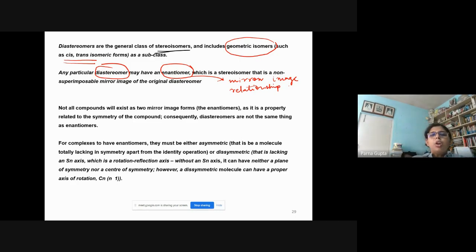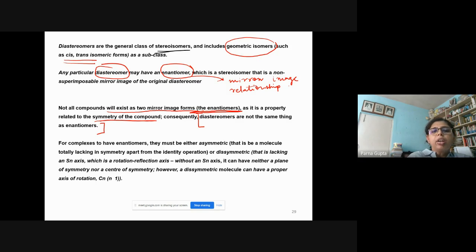Not all compounds will exist as two mirror image forms, or enantiomers, as this is a property related to symmetry. You will know the symmetry. Diastereomers are not the same thing as enantiomers. Enantiomers themselves are diastereoisomers in one sense, but they are not the same.